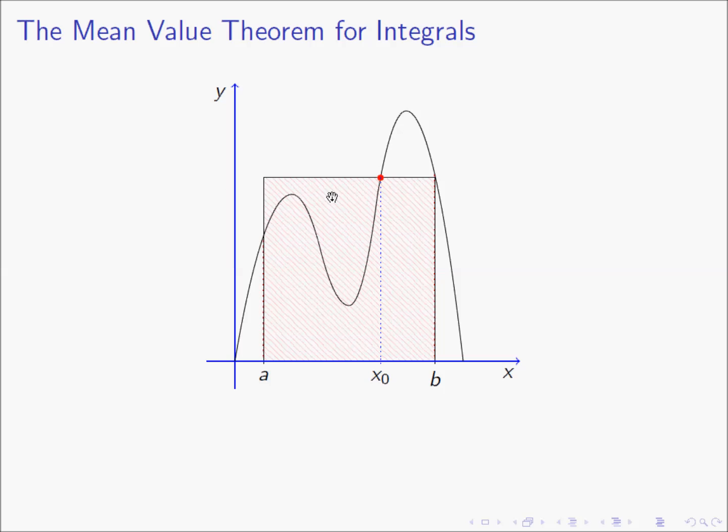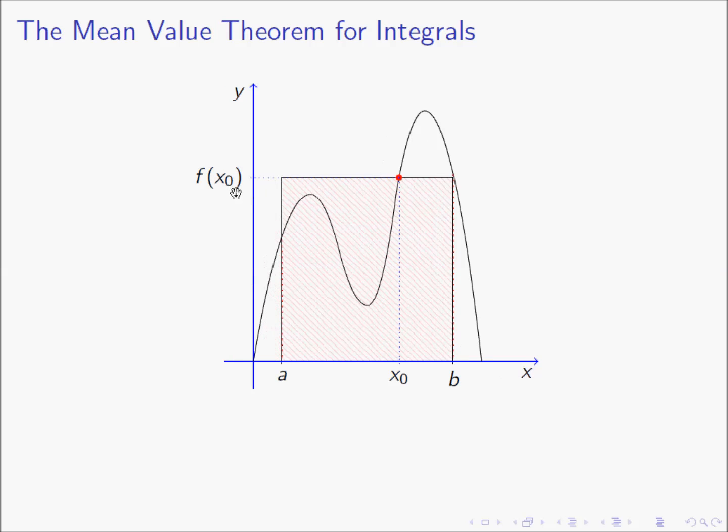So the y-coordinate will be f of x0 because this is a point in the graph of the function. So f of x0 is also the height of this rectangle. So the area of the rectangle is height, that is f of x0, times base, that is b minus a.